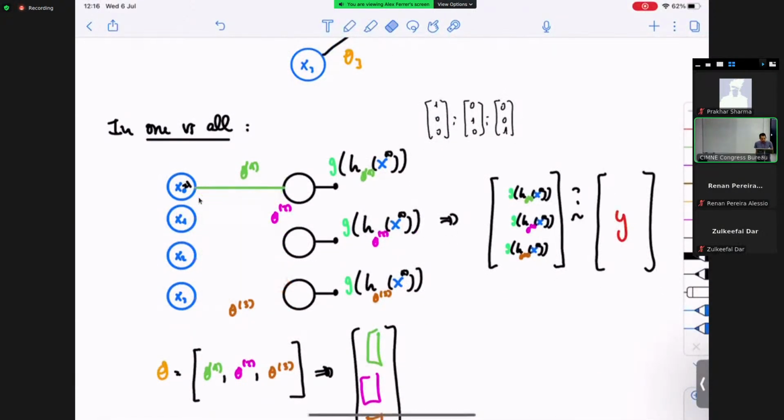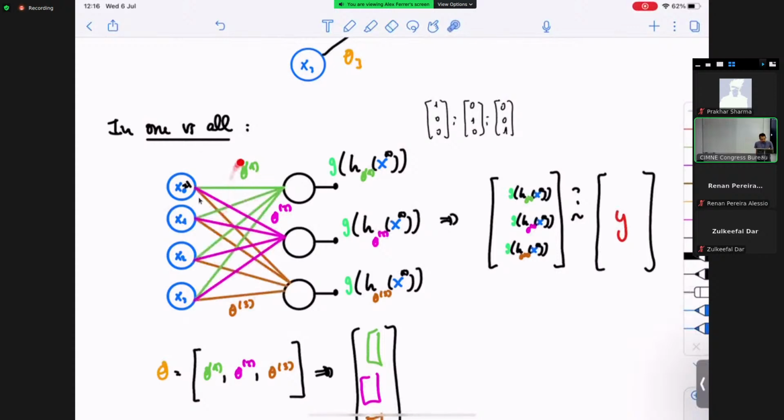And these, once we pass the activation function, should give values between 0 and 1 and be very similar to y. So question: are these thetas independent or related to each other?